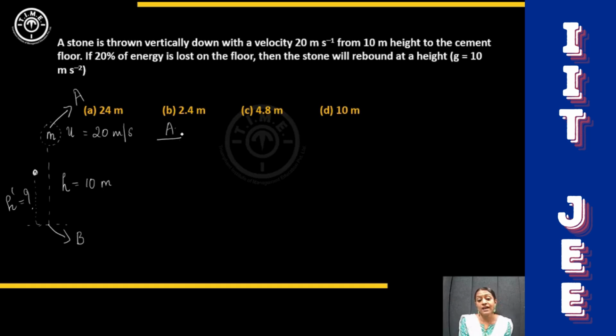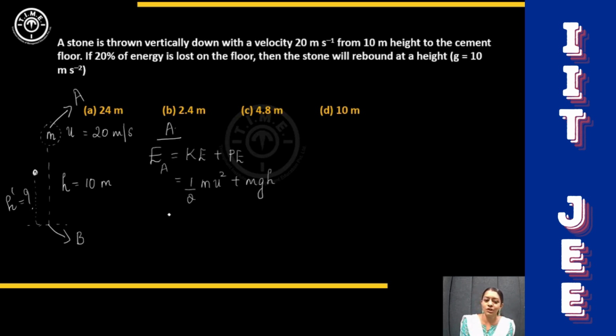Yes, so it is having kinetic energy as well. So at point A, the stone is possessing both gravitational potential energy and kinetic energy. So the total energy of the stone at point A will be the sum of kinetic energy as well as potential energy at point A. So kinetic energy is given by half mu square and potential energy is given by mgh.